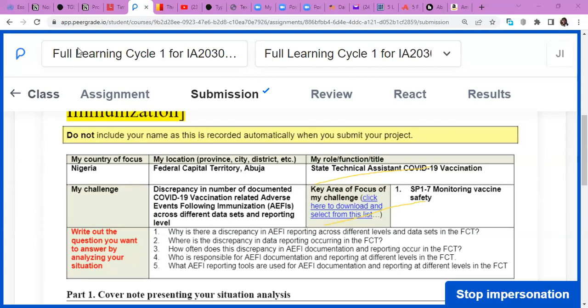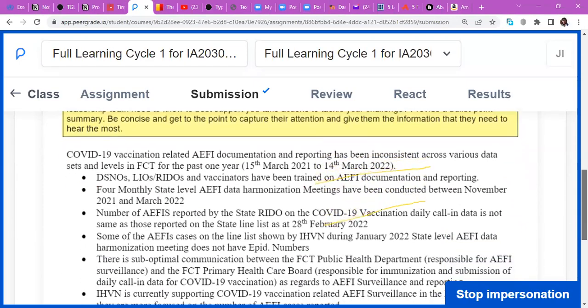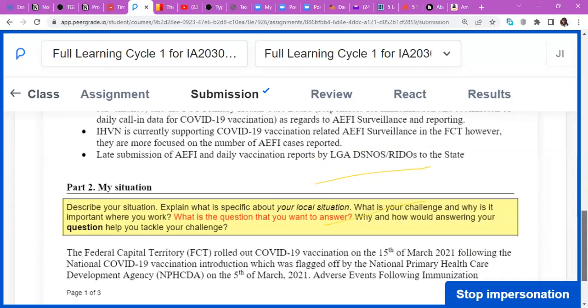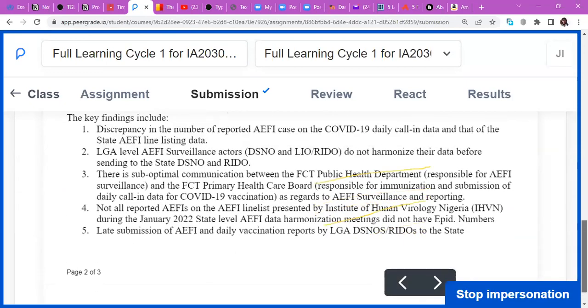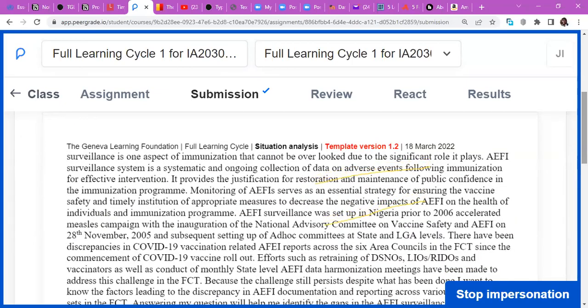And like we all know, AEFI surveillance, adverse events following immunization surveillance, is one key component of immunization. Because like you can hear before now, people have been saying they are not coming for COVID-19 vaccination based on rumors, and based on studies carried out in FCT, we observed that some persons are actually scared of the safety of the vaccine.